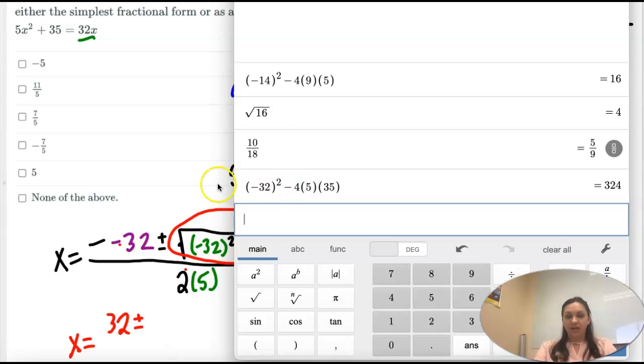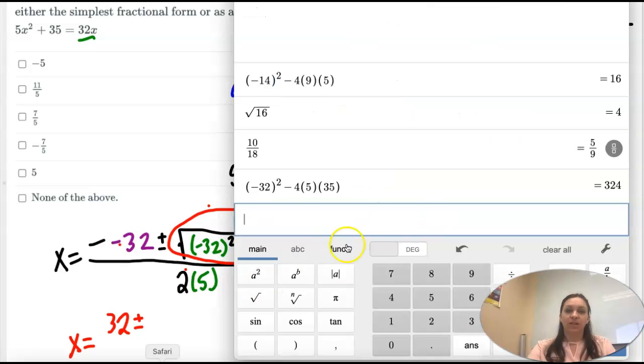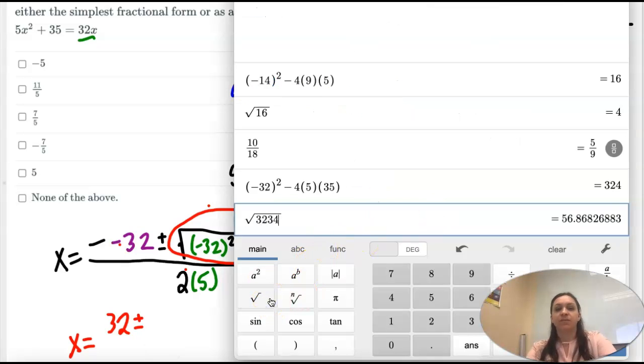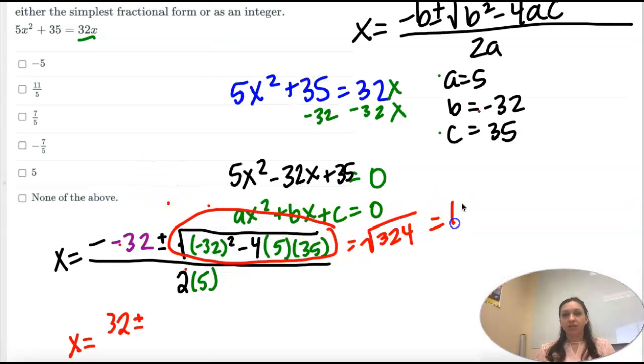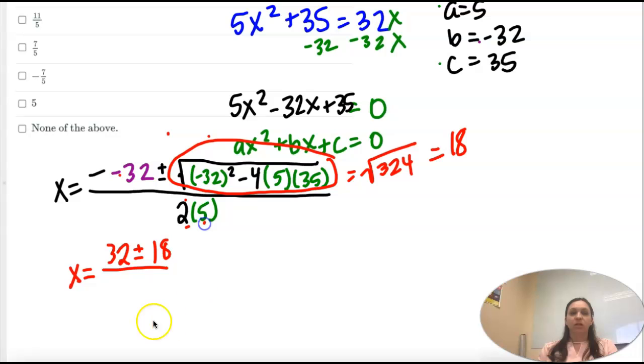Okay, so that is actually the square root of 324. I just said what's under the square root, and I'm going to see if that simplifies. It does. So the square root of 324 is actually 18. So that piece is 18, and then we're dividing by 2 times 5, which is 10.